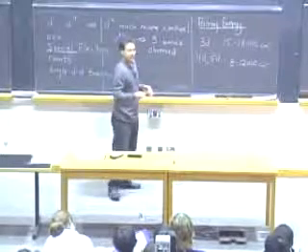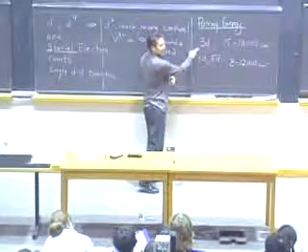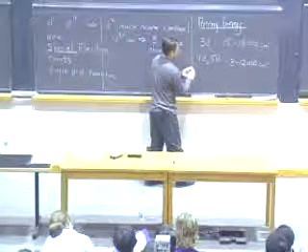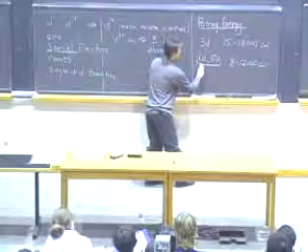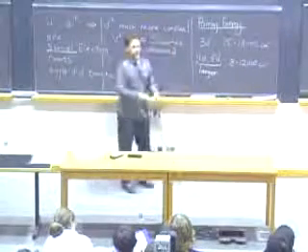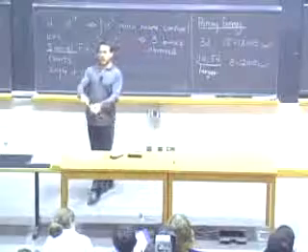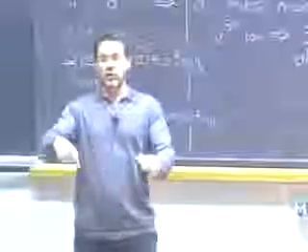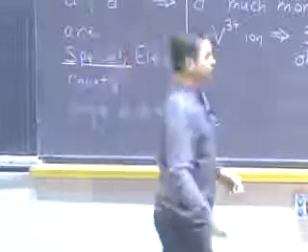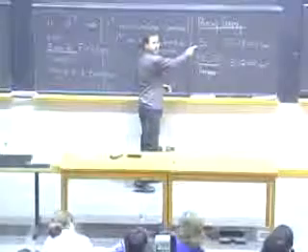The reason for that is the radial extension of these orbitals. These orbitals are larger than the 3D orbitals, which means that if you put 2 electrons into the same 4D or 5D orbital, much of the time they can stay farther apart from each other than if they're in a 3D orbital.